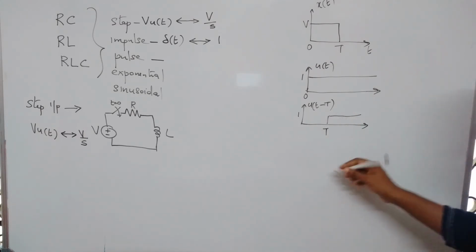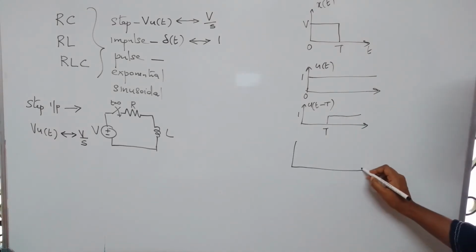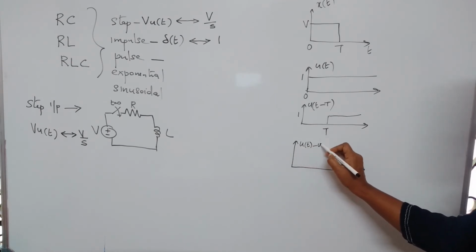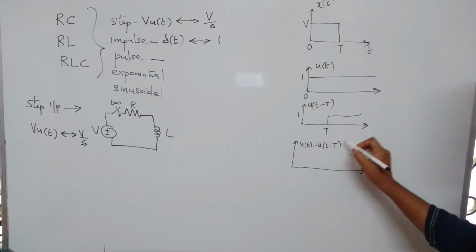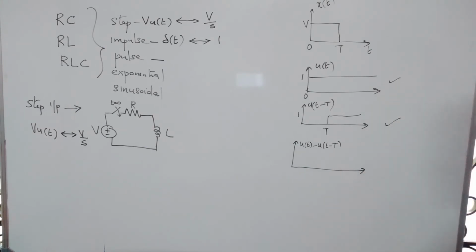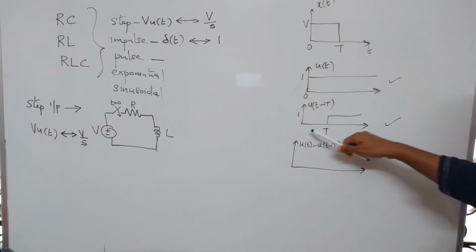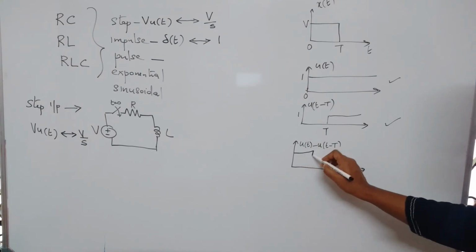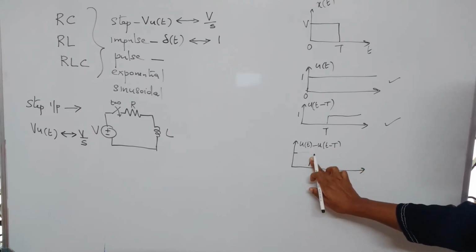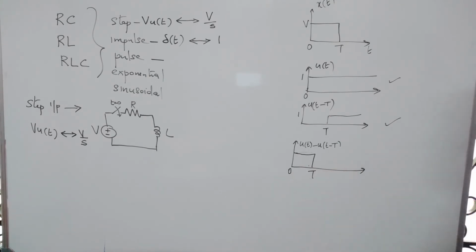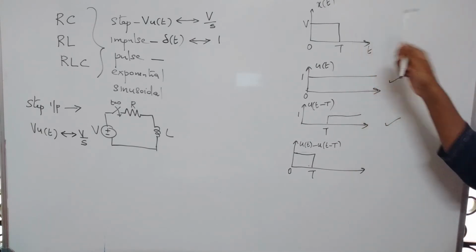Now when we subtract these two, if I am performing u of t minus u of t minus capital T, I am going to subtract these two functions, then the common points, where the magnitude is 1 and 1, will get cancelled. So the signal will be present only from 0 to T. So this is the pulse function.